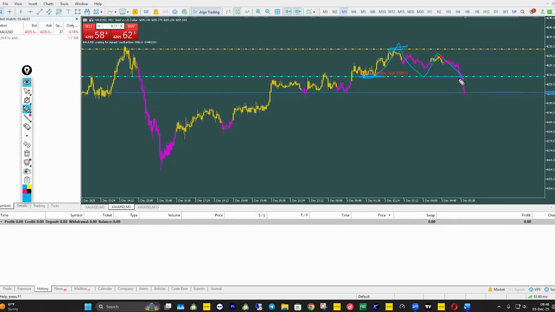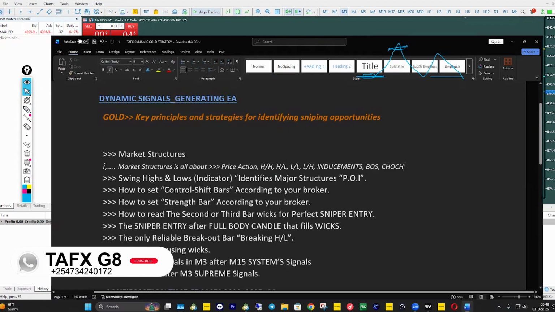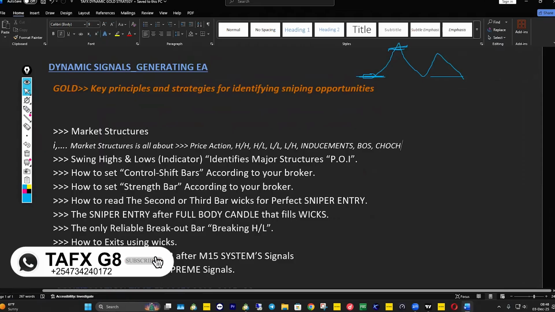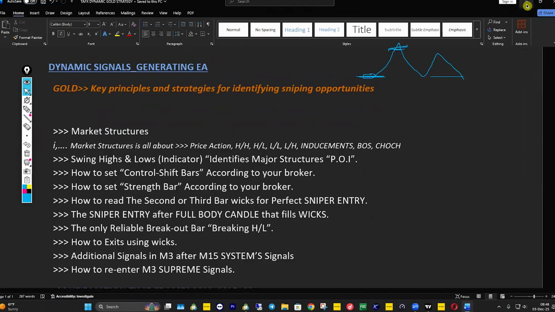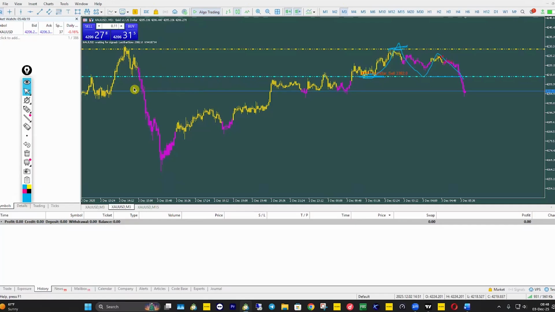And the point of interest, we all know, all right? We all know what happened when the market breaks a high and low. So this is why we are saying the swing highs and lows indicator identifies major structures. These are the major structures we are talking about here.